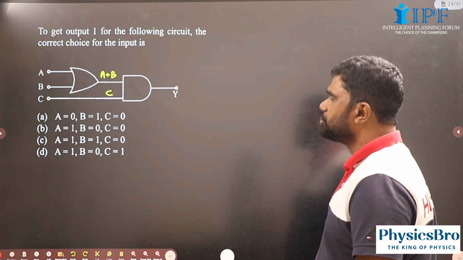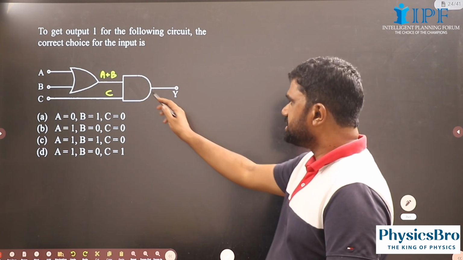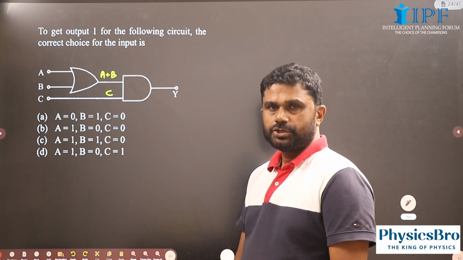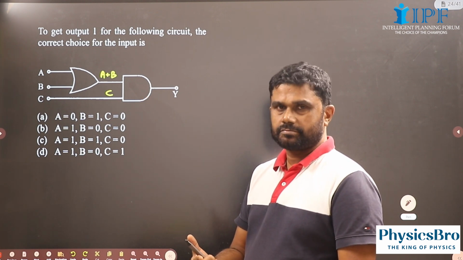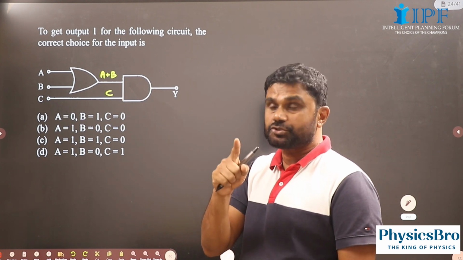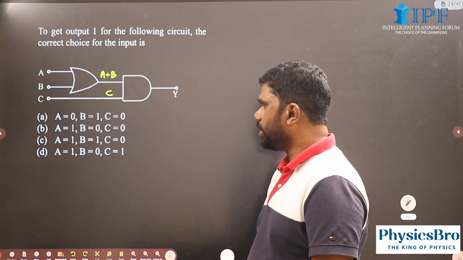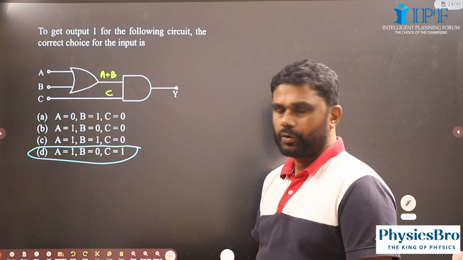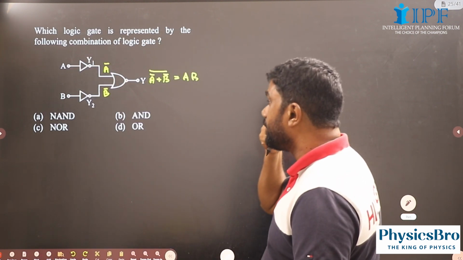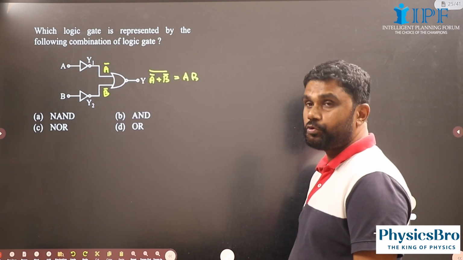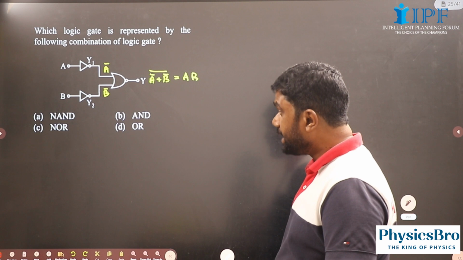The correct choice is, this is an AND gate. So in order to get an output 1, this C should be 1. Then only we will get an output 1. C is 1 only in this option. Now let's see what we have next. Here we have A and B as inputs, and ultimately output is AB. So it must be an AND gate.